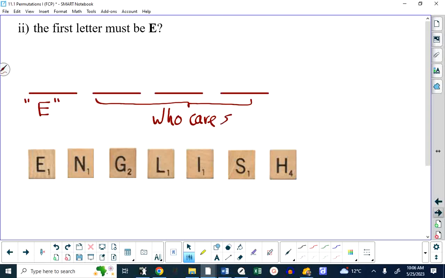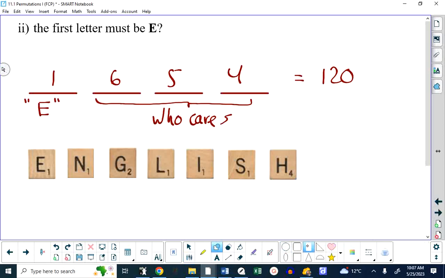We can't use a letter more than once because letters are not allowed to be repeated. So this will be 1 times 6 times 5 times 4, which I believe is 120. By the way, I would do this question in an entirely different fashion. If the first letter must be an E, then what I would say is, how many 3-letter arrangements can I make from that?